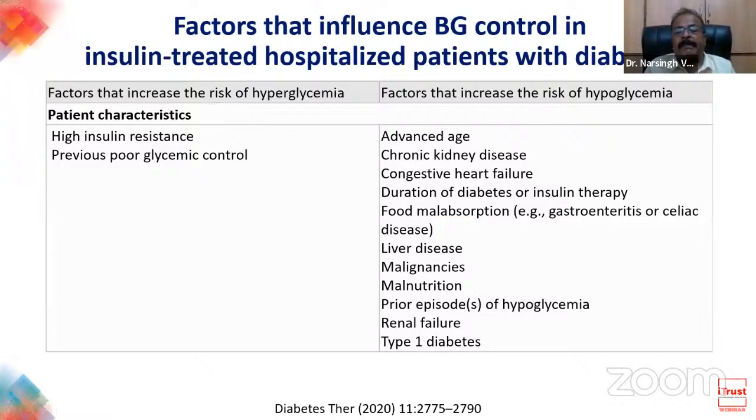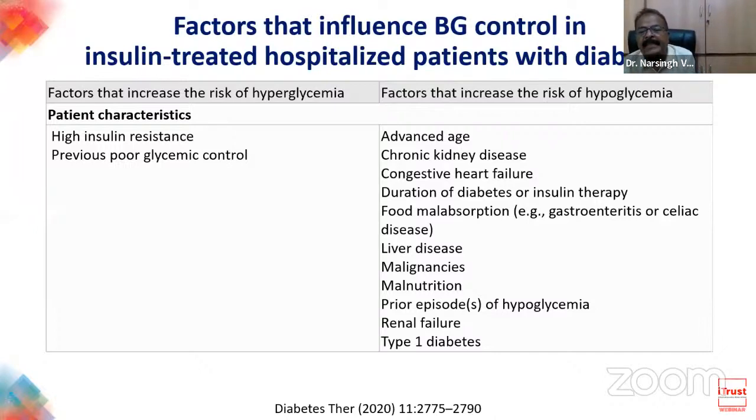Factors that influence blood glucose control in insulin-treated hospitalized patients with diabetes. The factors that increase the risk of hyperglycemia must be kept in mind, and they are patient characteristics like high insulin resistance and previous poor glycemic control. These 2 factors are very, very important.